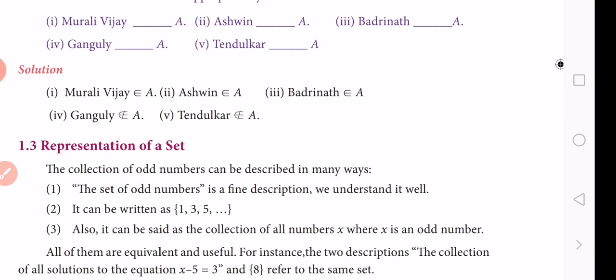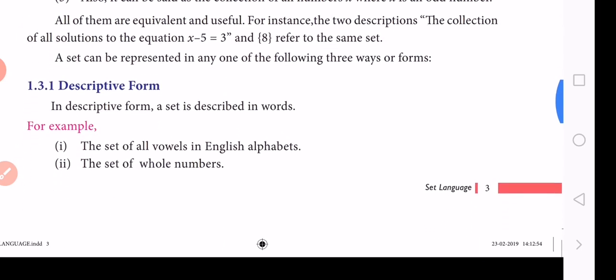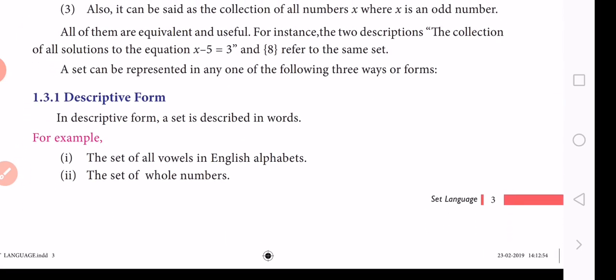The first one, descriptive form. Second one, set builder form or rule form. And third one, roster form or tabular form. So a set can be represented in any one of these three forms.